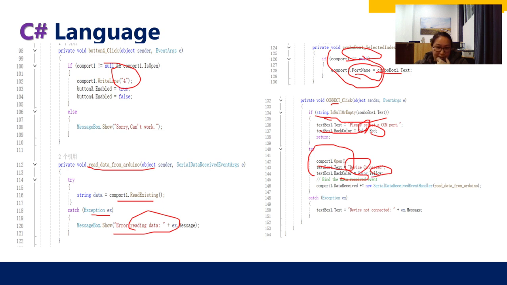And it binds the data received event of the COM port to the read data from Arduino method, which will handle incoming data from the serial port. If an exception occurs during the attempt to open the port, it catches the exception and updates the text of the text box to "Device not connected," followed by the exception message.